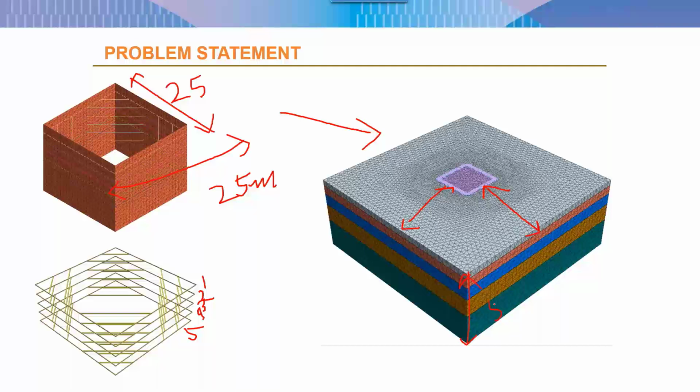So in this case, it's around 50 to 75 meters. And we have also applied the interface element to simulate the relative slip between the retaining wall or the diaphragm wall and the soil. There are multiple types of constitutive materials available for simulating this. But here we have chosen the Mohr-Coulomb for now.